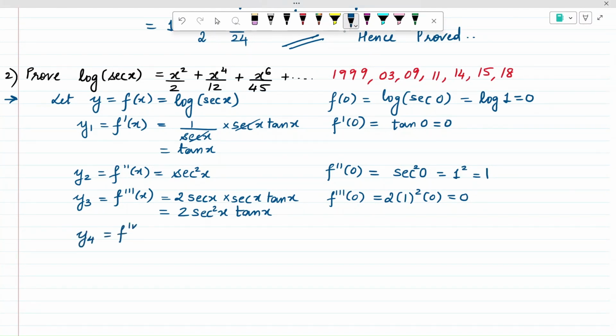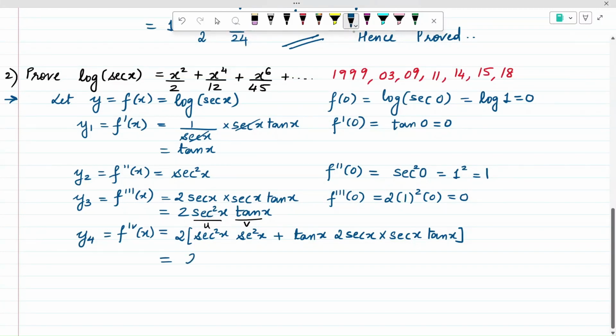Fourth order derivative. We'll have to apply UV rule. So that's going to be 2 times u as it is. Derivative of tan is sec square plus v as it is. Derivative of sec square is 2 sec x into, by chain rule, sec x derivative is sec x tan x.